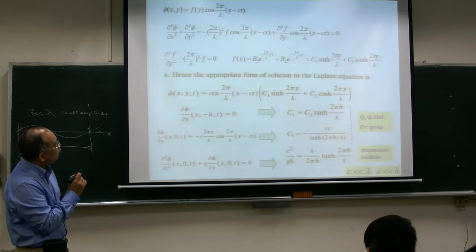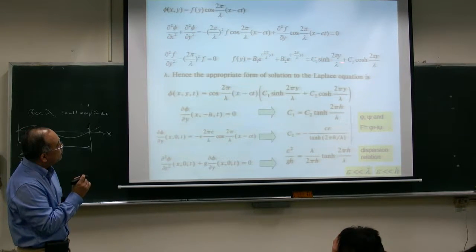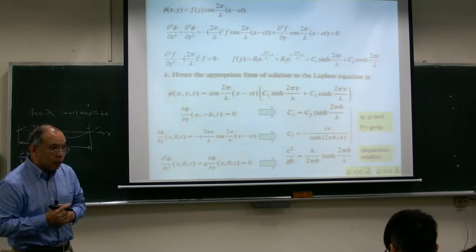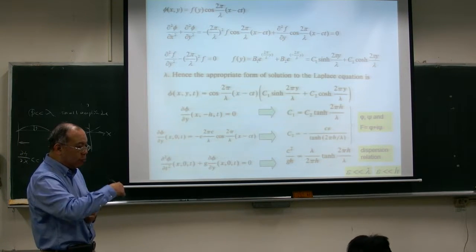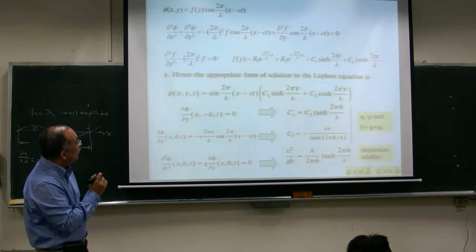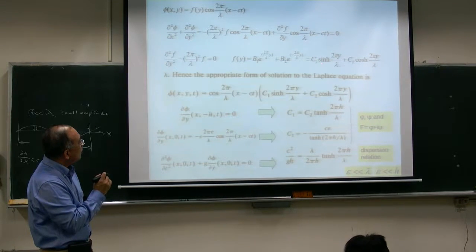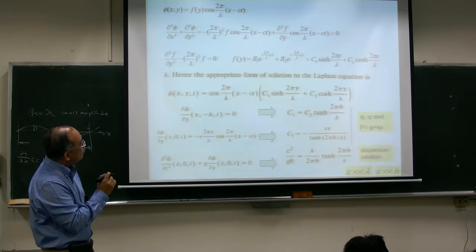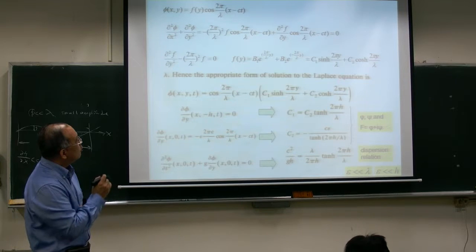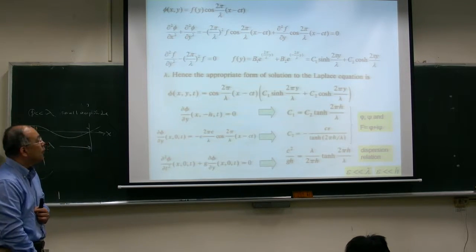Also this can be written as hyperbolic cosine and hyperbolic sine functions too, right? As you remember, the exponential can be written as hyperbolic sine and hyperbolic cosine. So this is a constant C1 times hyperbolic sine function 2 pi y over lambda plus C2 times hyperbolic cosine function 2 pi y over lambda.